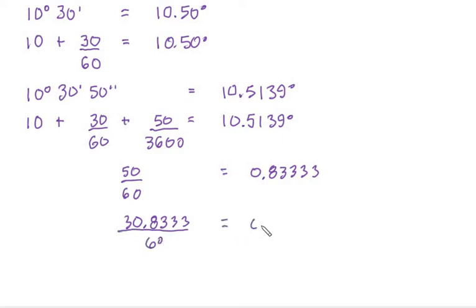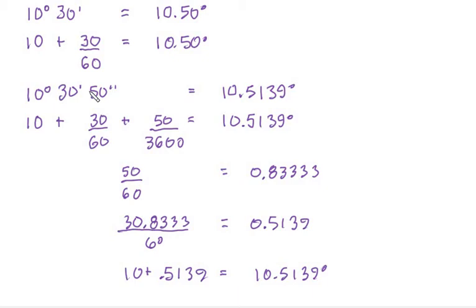That equals my 0.5139. Then I just add that to my degrees. And I get my decimal equivalent, 10.5139. And I can usually carry those in my calculator, so that's the way I do that. Okay, so that's degrees, minutes, seconds to decimal degrees.